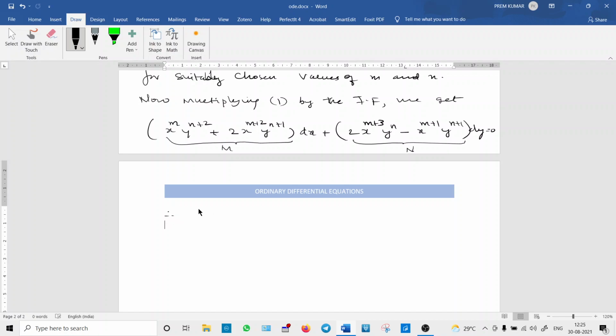Therefore, dou m by dou y must equal dou n by dou x. This is the condition we are going to use because we assumed this is an exact equation. So now what is dou m by dou y?